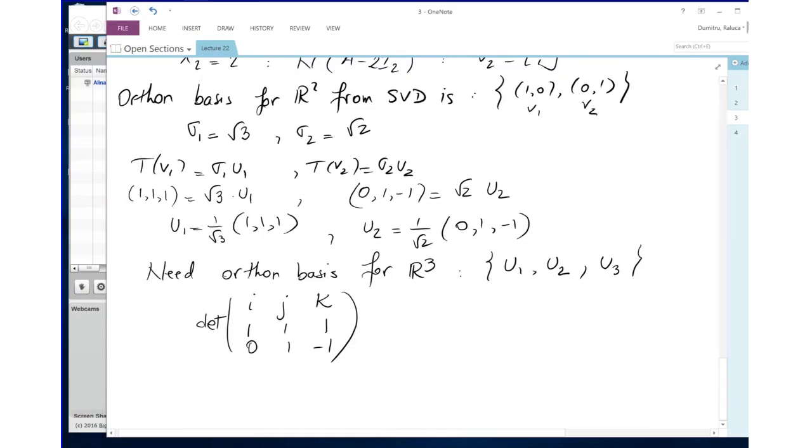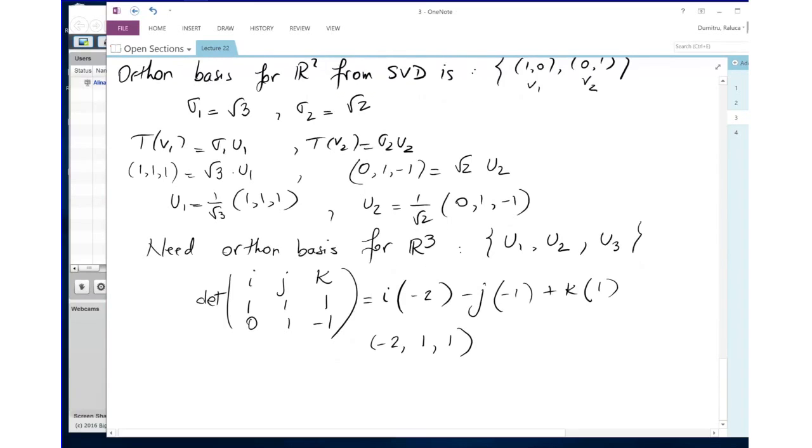All right, so let's see. You expand along the first row, right? i times -2 times -1 plus k times 1. So the vector is -2, 1, 1.